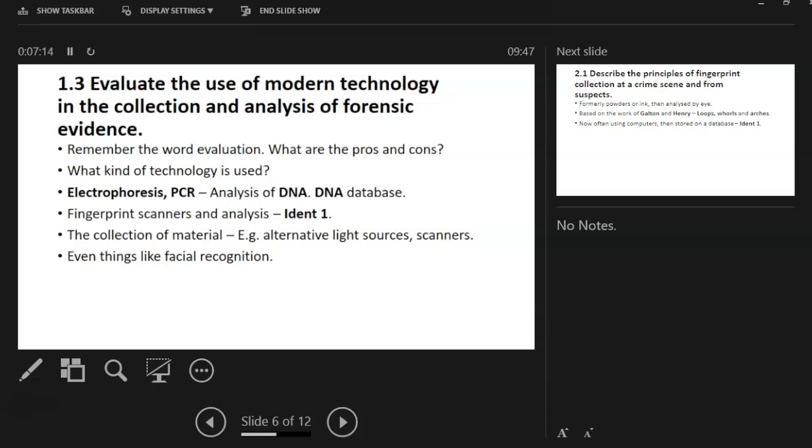Obviously, a pro is that it's easier. The evidence is more at your fingertips, if you like, and it probably results in more convictions and more stringent evidence. But on the other hand, I'm thinking about ethical issues as well, in relation to having people's DNA on file and people's fingerprints on file, and facial recognition scanners are controversial.